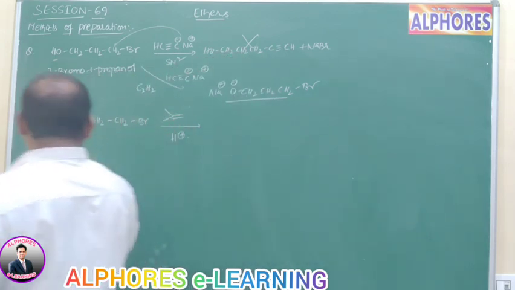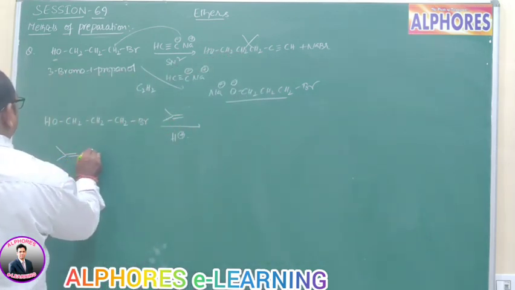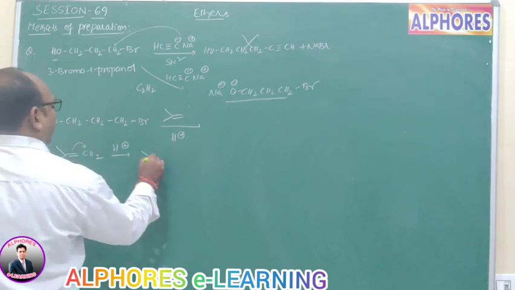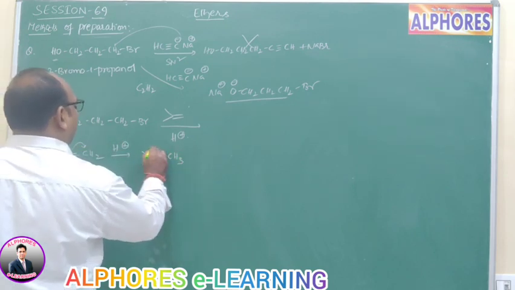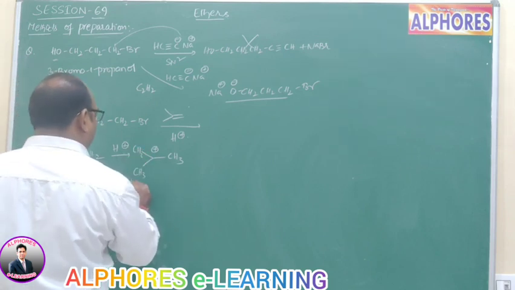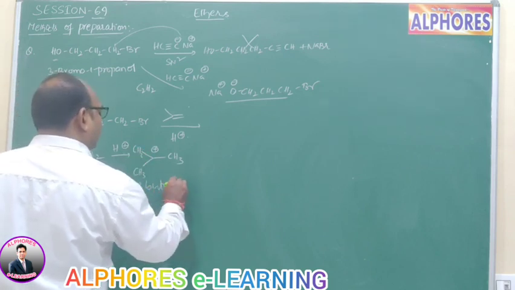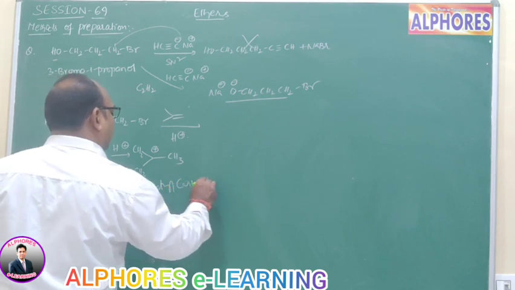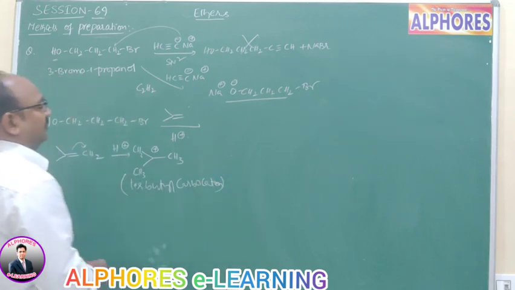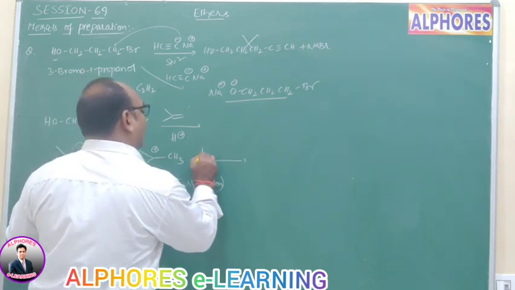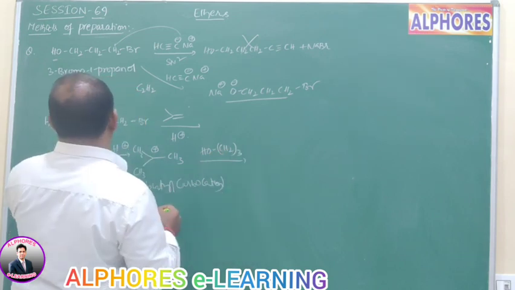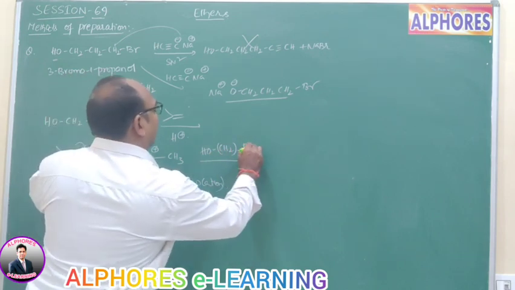First, isobutene upon addition of H plus gives a carbocation, which is nothing but the tertiary butyl carbocation. This tertiary butyl carbocation reacts with the alcohol, OH, three CH2 groups, and Br.